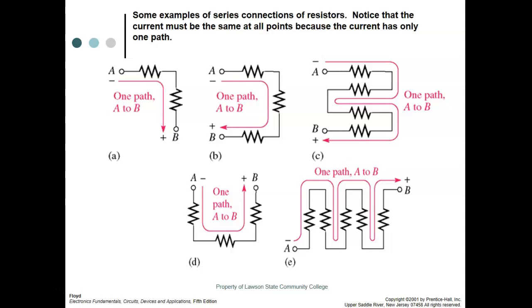Does that make sense? Don't want both ends connected to the resistor next to it. That's parallel. Series is literally just like a string. You can follow it like a single long string. Does that make sense to everybody? Okay.